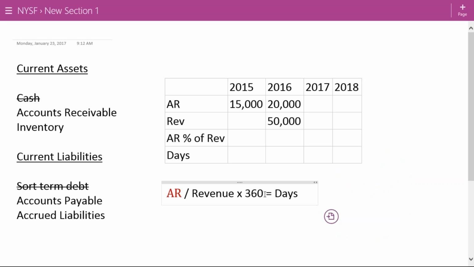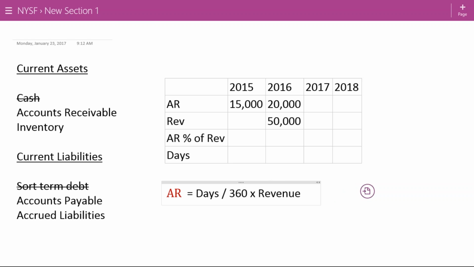We can divide both sides by 360, and we get days divided by 360 equals AR divided by revenue. Then we multiply both sides by revenue, and you get AR equals days divided by 360 times revenue.